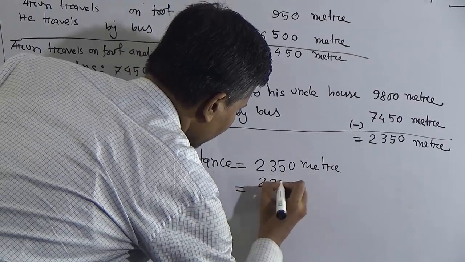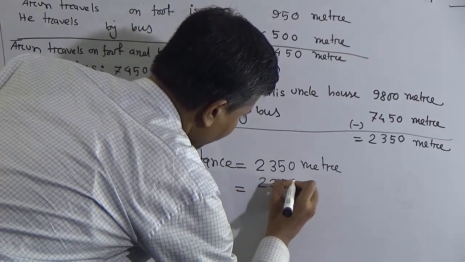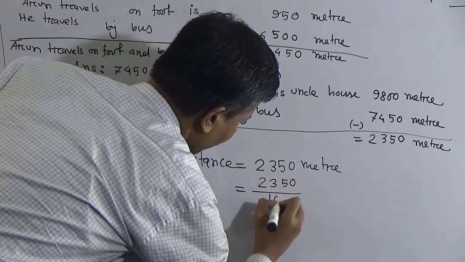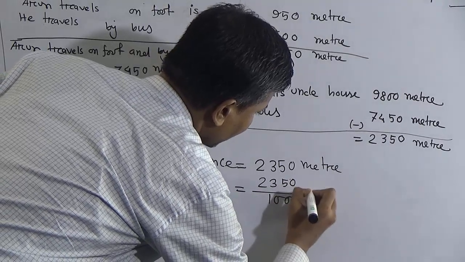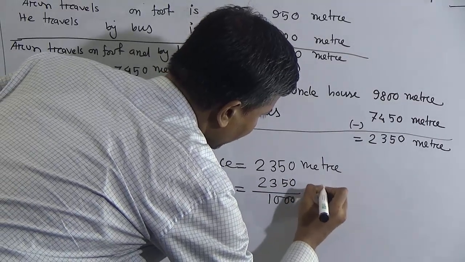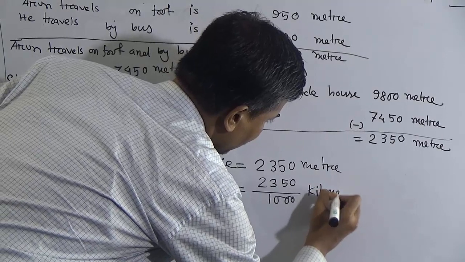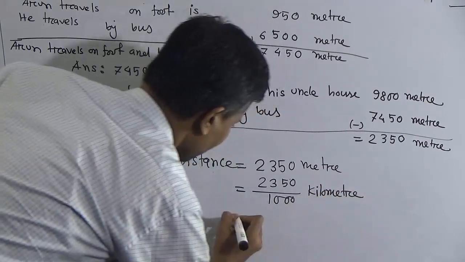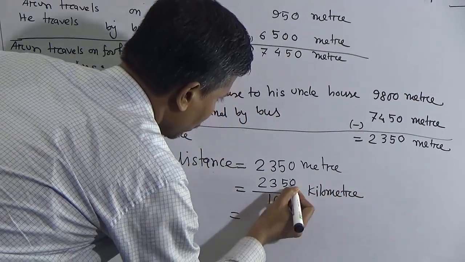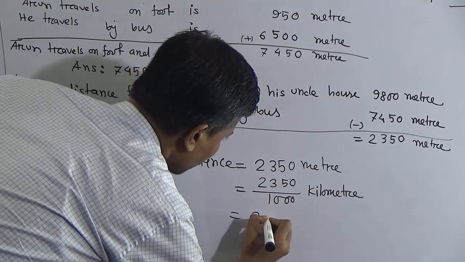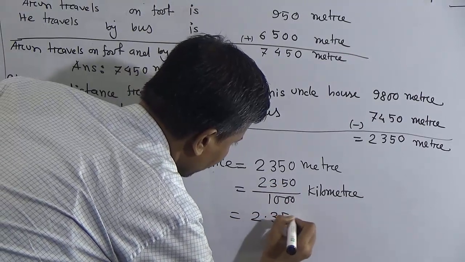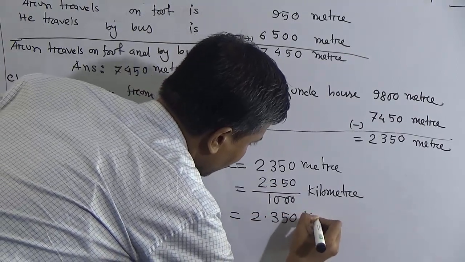Then 2350 by 1000, and this will be kilometer. 1 2 3, 1 2 3, that means 2.350 kilometer.